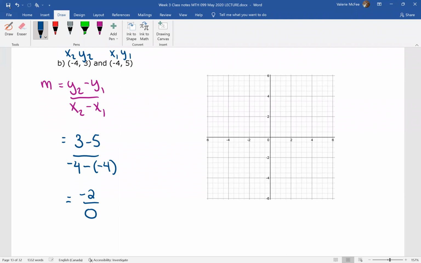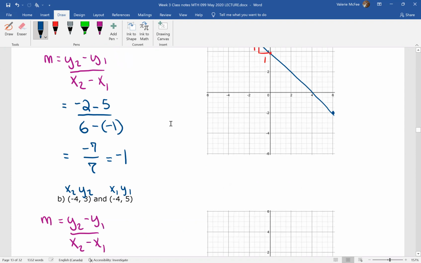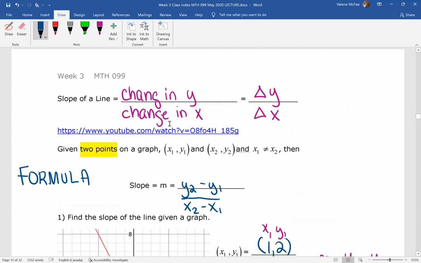-2/0? What does that mean when we have 0 at the bottom of a fraction? Yes, it tells us that the slope is undefined. Let's go back up to where we had the formula first written for the slope. Look what we said here.